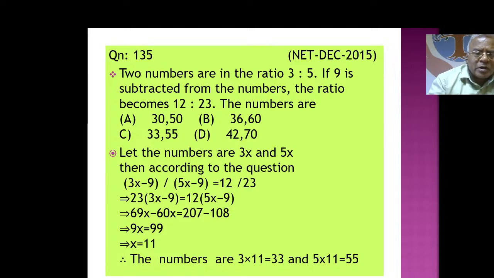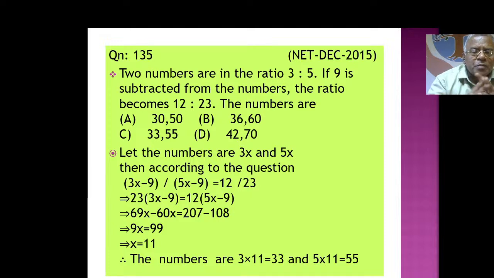Why have we put it in the division fashion, 3x minus 9 divided by 5x minus 9? Because a ratio 3:5 can be written as 3 by 5, 3 divided by 5. This is how we used to write the ratio. Likewise, 3x minus 9 is to 5x minus 9, that is 12 by 23.